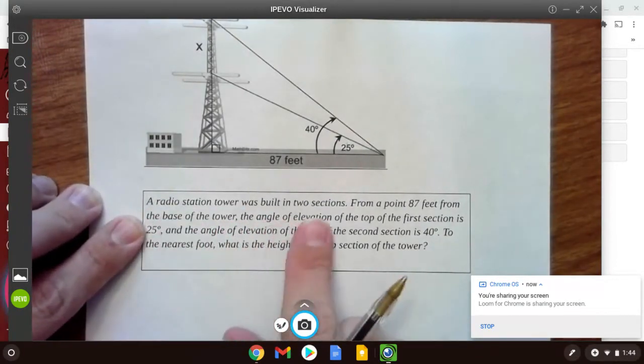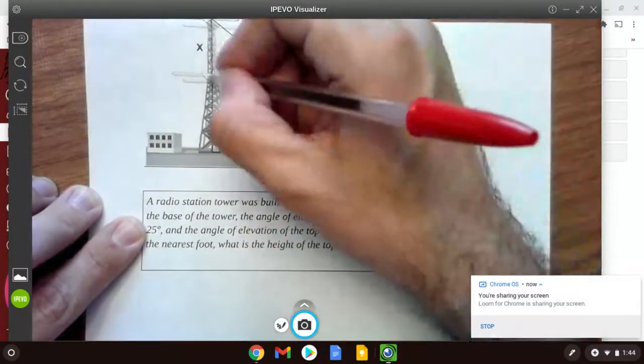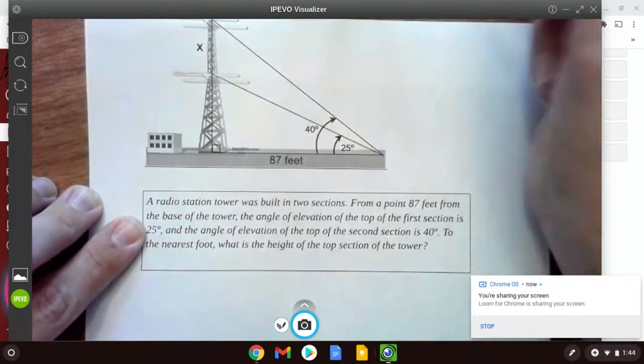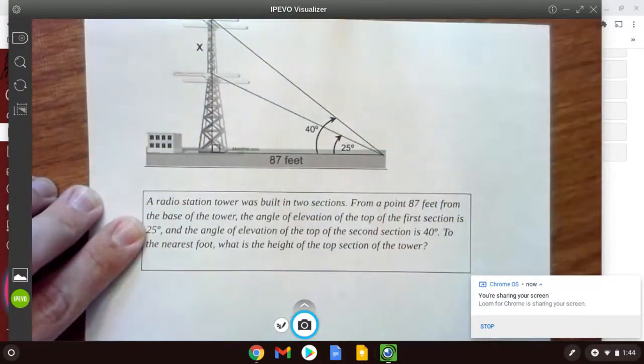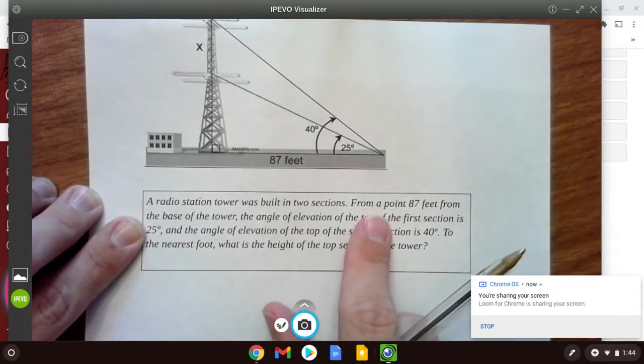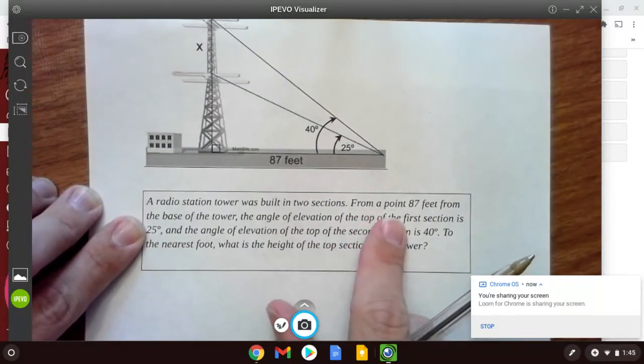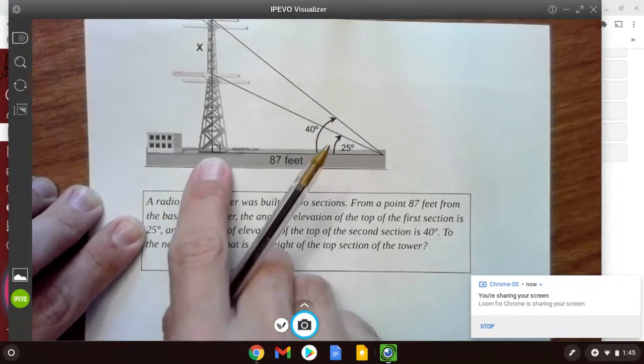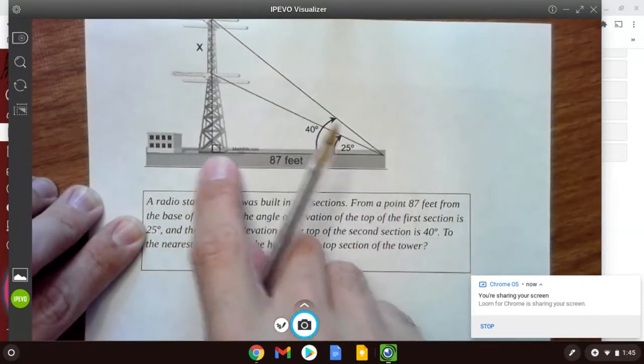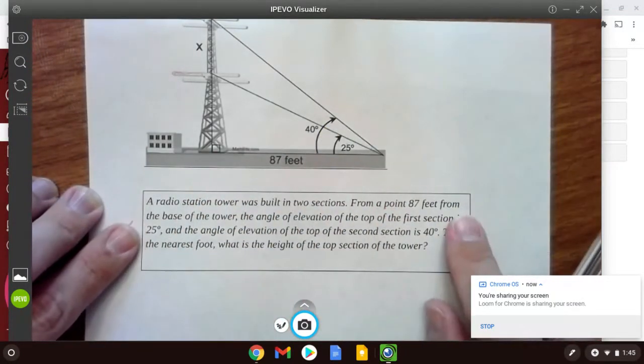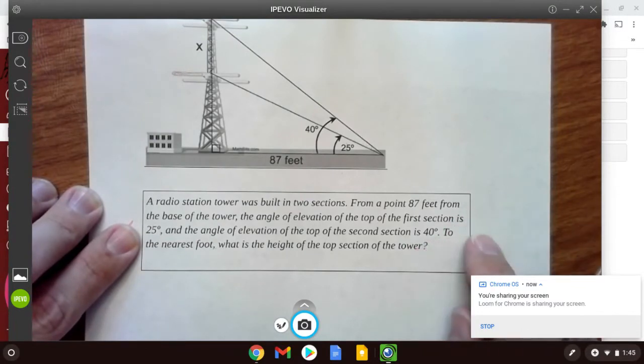A radio station tower was built in two sections. That height would be the first section, that height would be the second section. From a point 87 feet from the base of the tower, the angle of elevation of the top of the first section is 25 degrees.